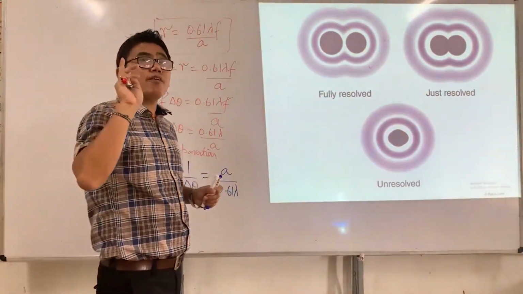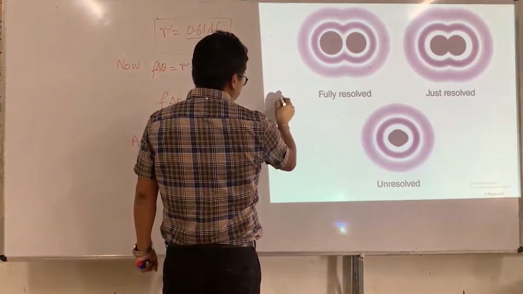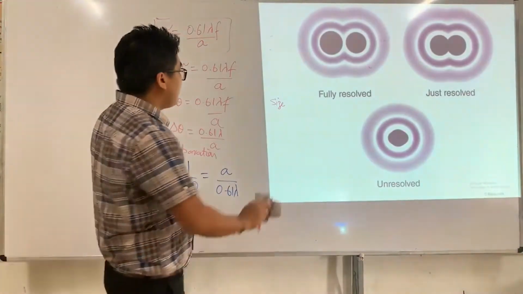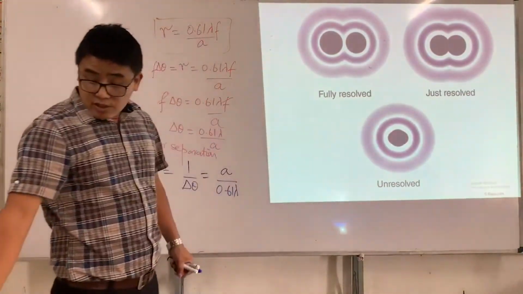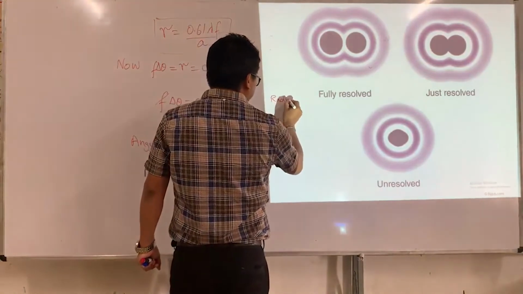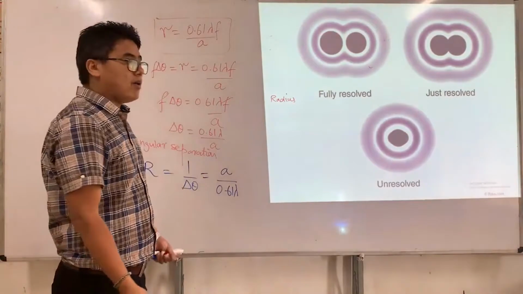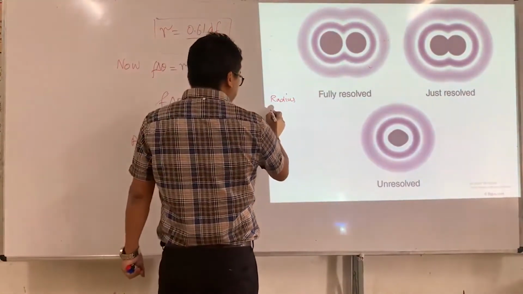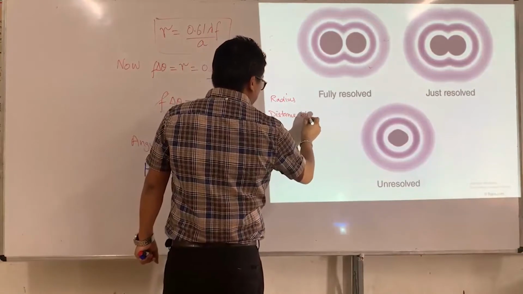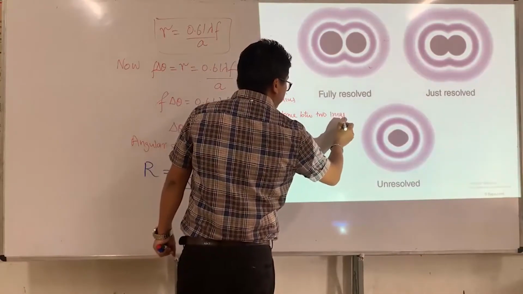We took two important distances. One is the size, what we call the radius of the bright spot. The smaller the radius, the better the resolving power. Another one is the distance between the two images, the distance between the two centers of the images.